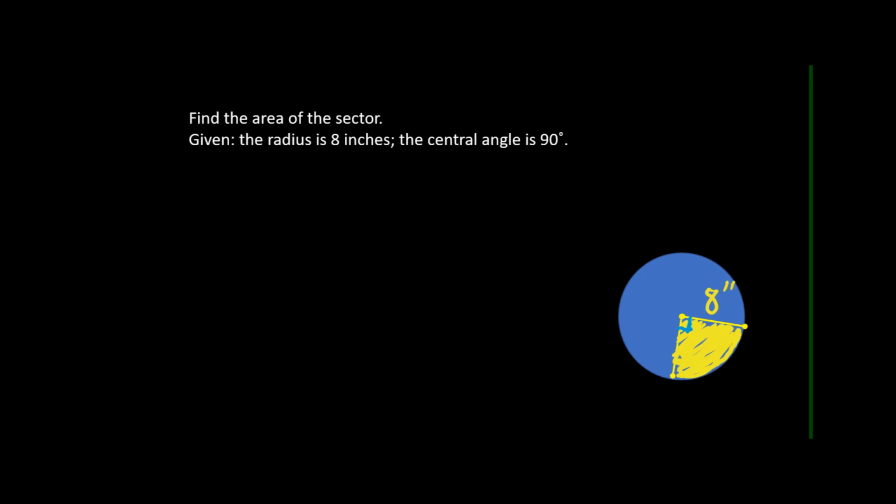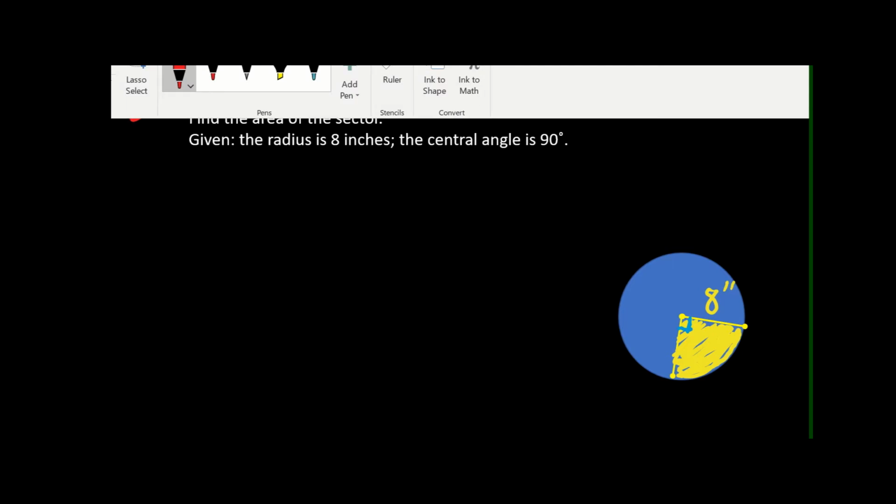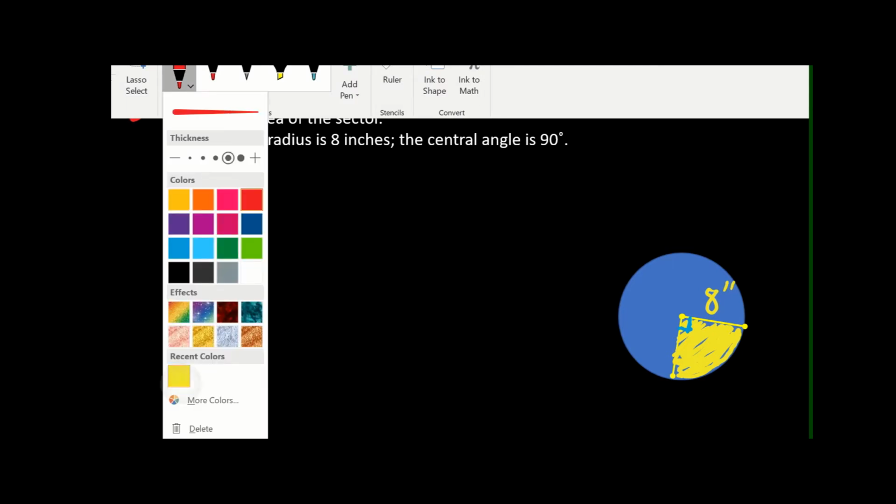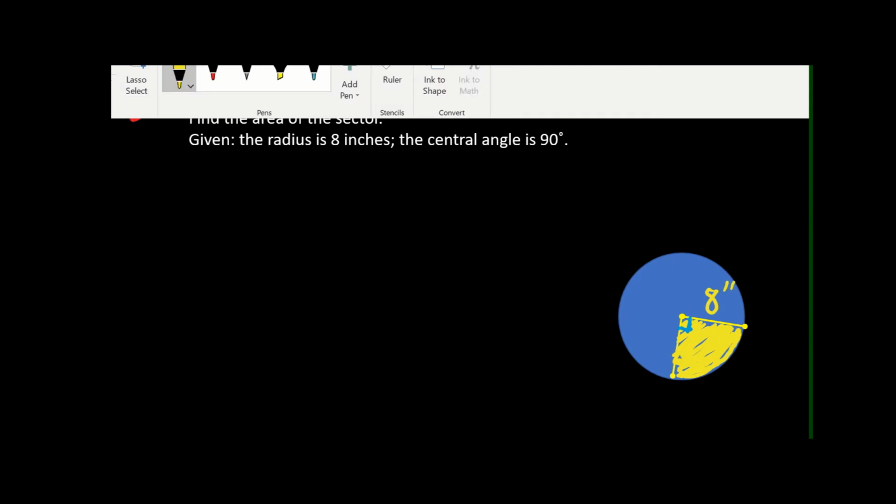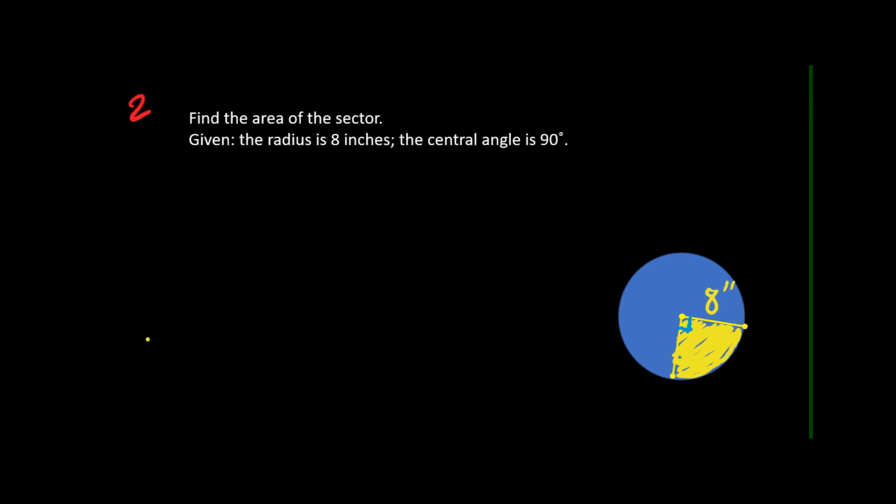Number 2. Let's get back our yellow. Find the area of the sector given that the radius is 8 and the central angle is 90 degrees. Well, if it's 90 degrees, that's a nice perpendicular cut there, and that is 1/4 of the circle, right?